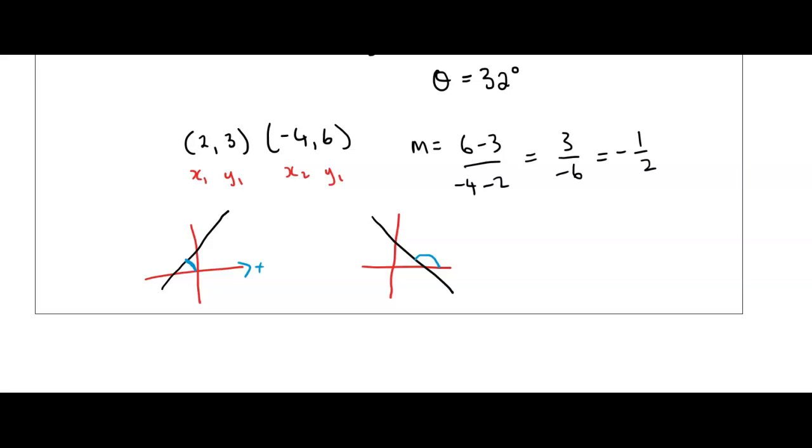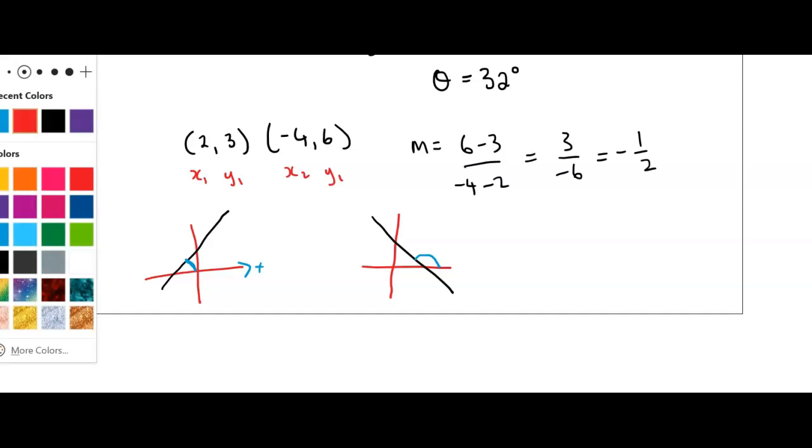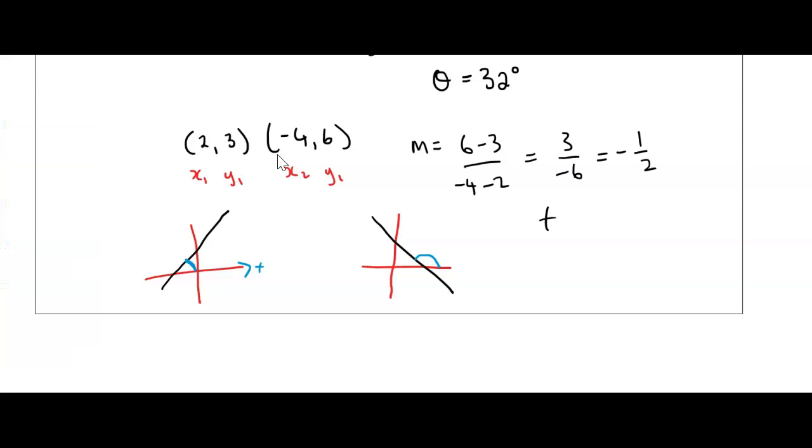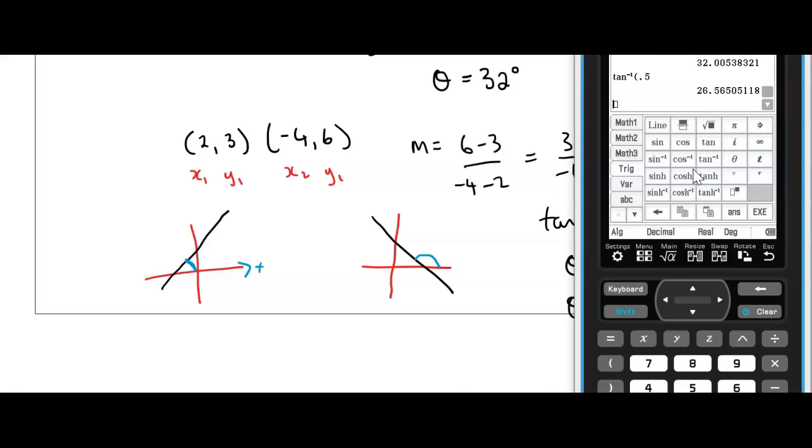All right, so with this -1/2, you might think, well, I can't have my adjacent side being -6, but that's not really going to matter when you calculate your angle, because we're going to have tan theta equals -1/2. So theta equals inverse tan of -1/2. And then we'll just do that on the calculator. And you can see we get 26.56, and it's actually negative.